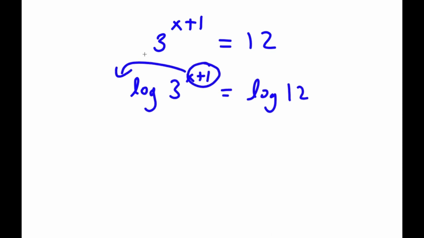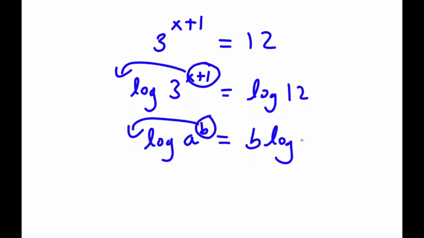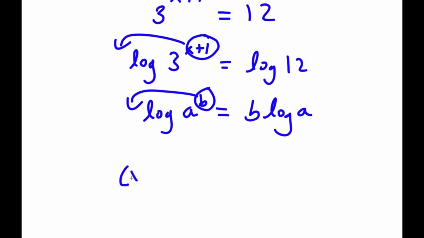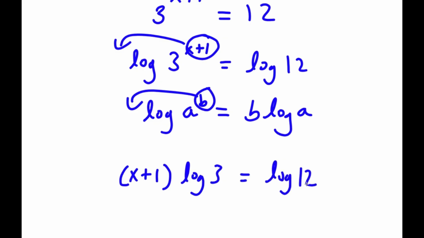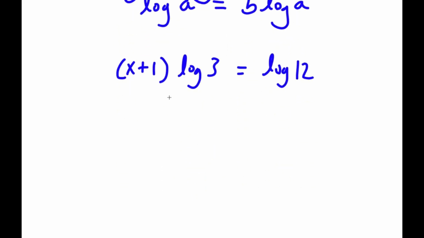Now, I'm going to move this x plus 1 to the front, because if I have something in the form log a to the power of b, I can go ahead and move b to the front, so this would equal b times log a. So now I'm going to have x plus 1 times log 3 is equal to log 12. Now, I'm actually going to go ahead and distribute the log 3.